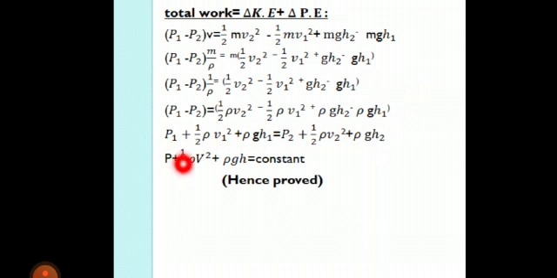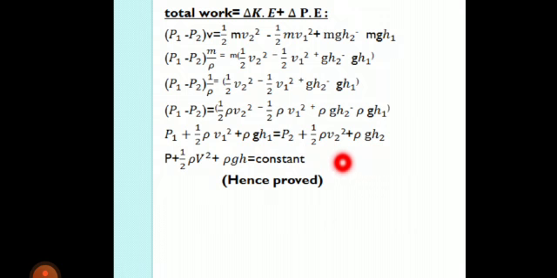Now we take the terms of point 1 on one side and the terms of point 2 on the other side. We see that the sum of pressure, kinetic energy per unit volume and potential energy per unit volume at point 1 is equal to the sum of pressure plus kinetic energy per unit volume plus potential energy per unit volume at point 2.